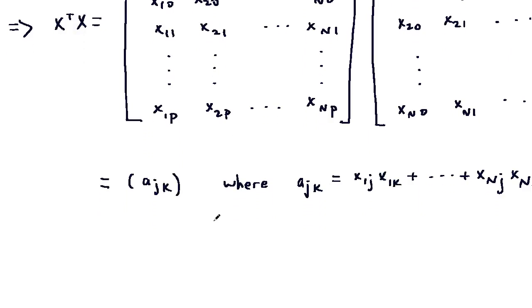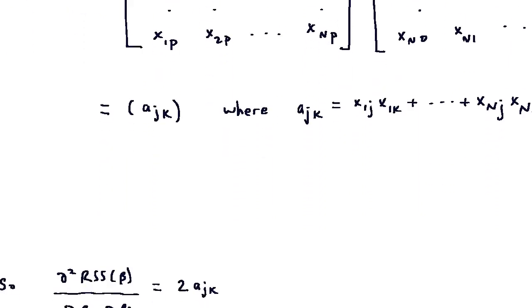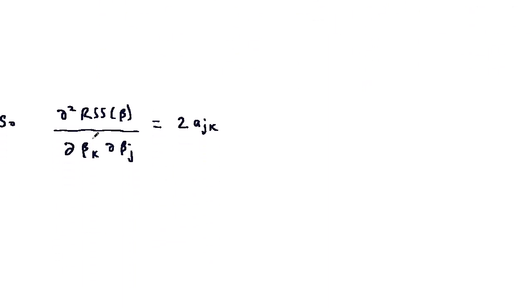So the second derivative of RSS of beta with respect to beta k, beta j is equal to 2 a sub jk.